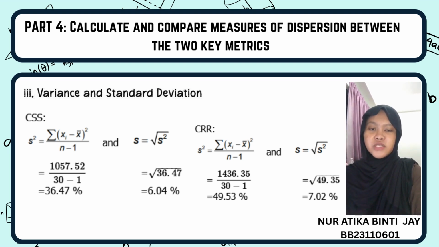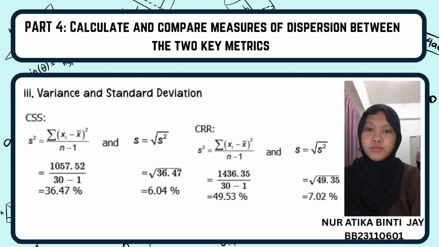The square root of this value yields a standard deviation of 7.02. These results demonstrate that customer retention rate is more variable than customer satisfaction score, meaning that customer satisfaction score data points are generally more consistent, while customer retention rate data points are more spread out from the mean.